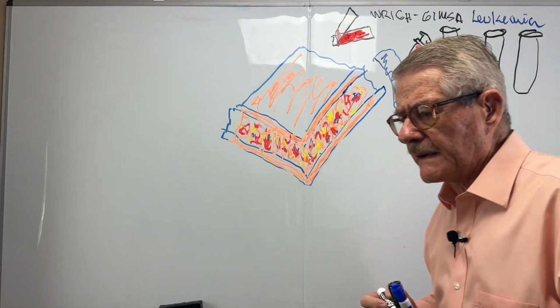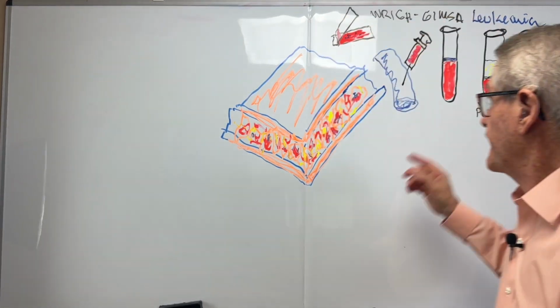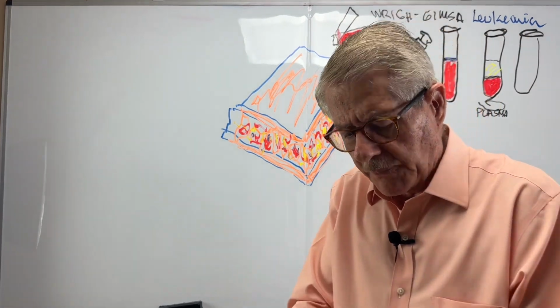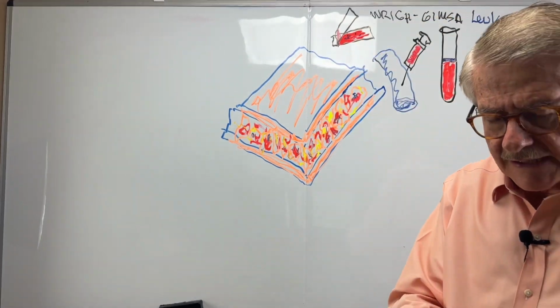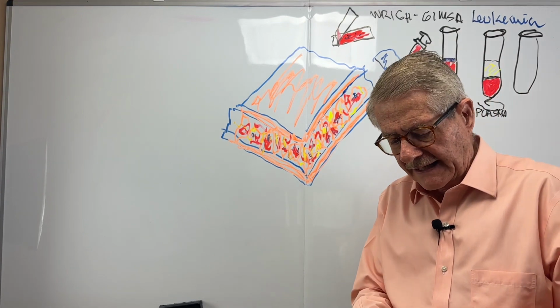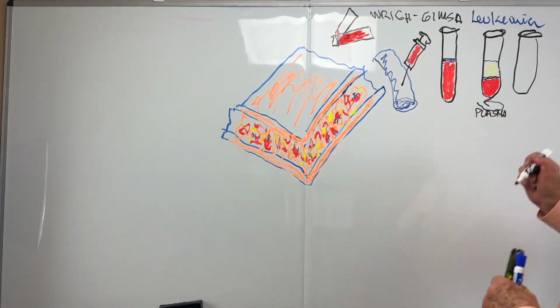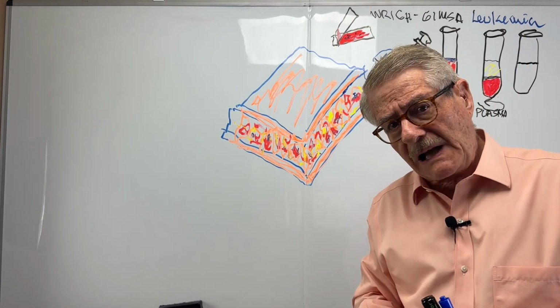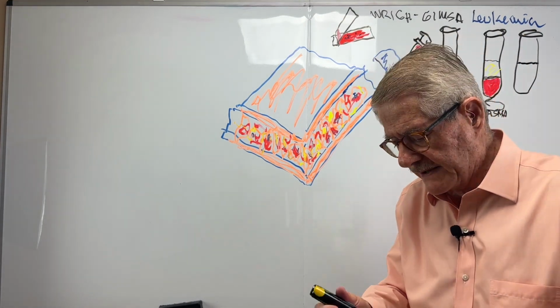Now, there's another possibility, and that's the reason I put a third tube here: you may draw blood, put it in a tube, and not add any anticoagulant. What is going to happen is that the blood will clot. That's what you would imagine.